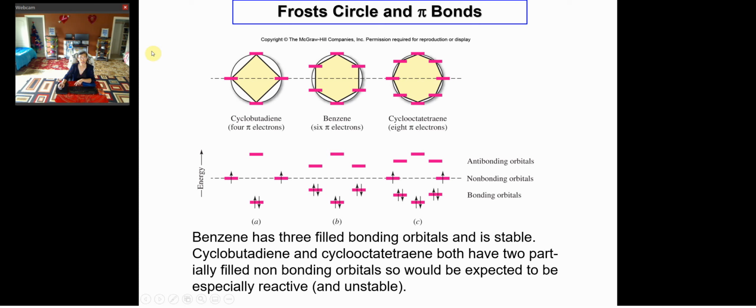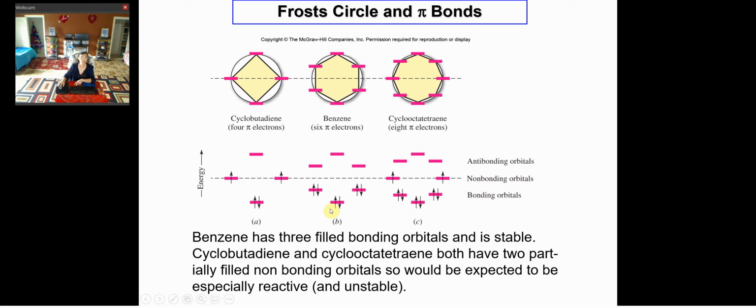So in total you have 3 bonding orbitals, pi 1, pi 2, pi 3, and pi 4 star, pi 5 star, pi 6 star. These 3 above the middle are the anti-bonding orbitals, and energy increases. These 3 below the middle are the bonding orbitals.